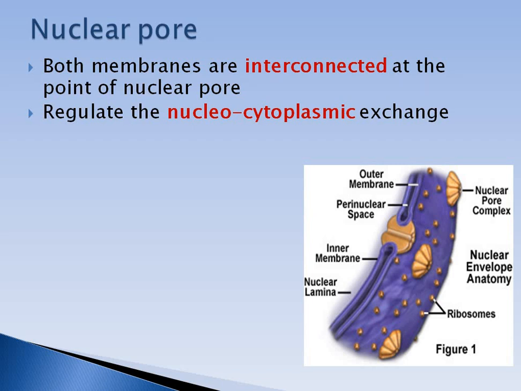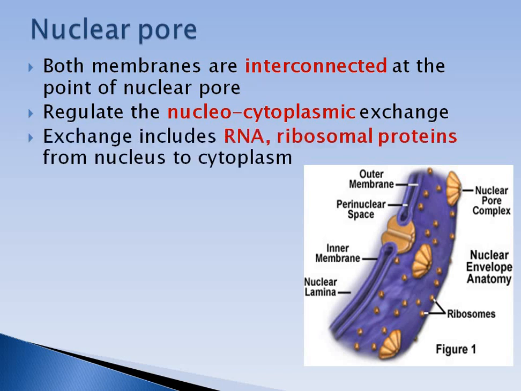This nuclear pore helps in the exchange between the cytoplasm and the nucleus, and from nucleus to the cytoplasm. And the exchange usually includes RNA and ribosomal proteins. RNA, especially the ribosomal RNA, messenger RNA, and ribosomal proteins are synthesized in the nucleolus.